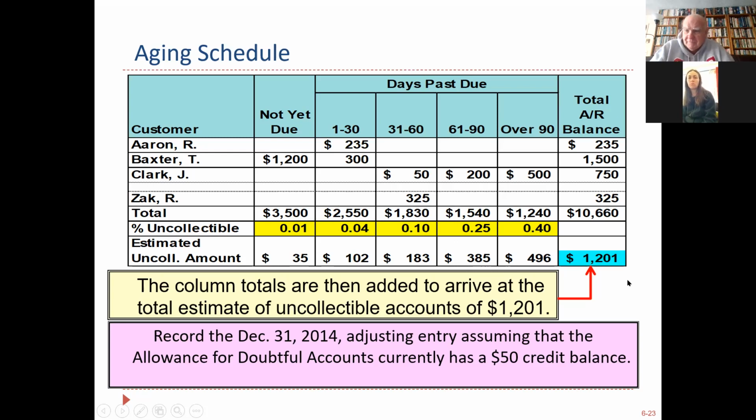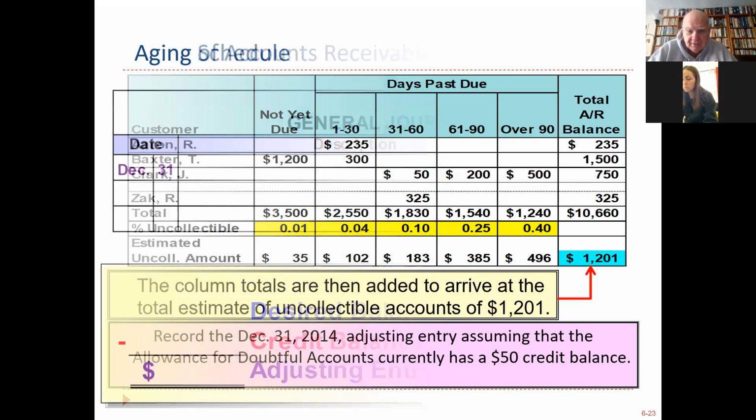Now, here's the key difference that we have to understand. That 1201 is not the bad debt expense. Let's understand, everybody, that 1201 represents the balance that we want to have in the allowance at the end of the month.